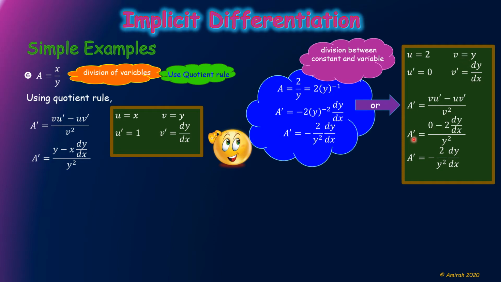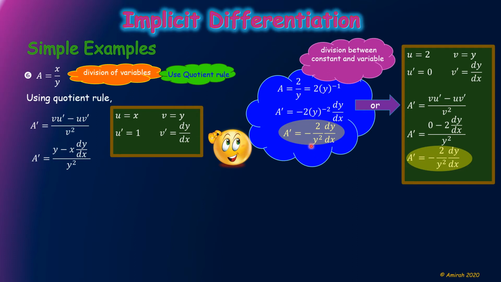We have A prime equals Y times 0 is 0 minus U times V prime, so 2 times dy over dx here over V squared. V is Y, so over Y squared. When we simplify, we have A prime equals negative 2 over y squared dy over dx.